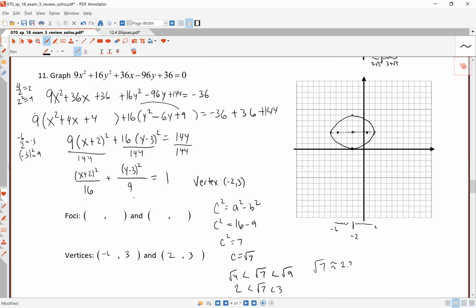The coordinates then: from -2, we move to the right by adding √7, giving (-2 plus √7, 3), and then moving to the left, we subtract √7 from -2, with a y coordinate of 3.